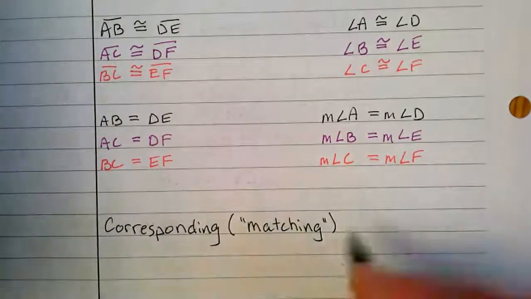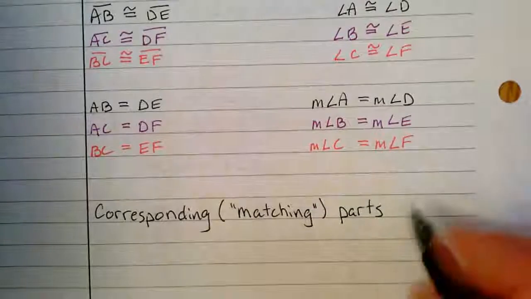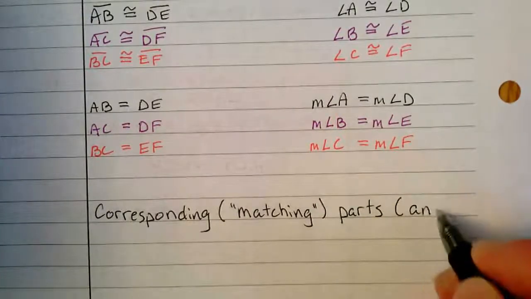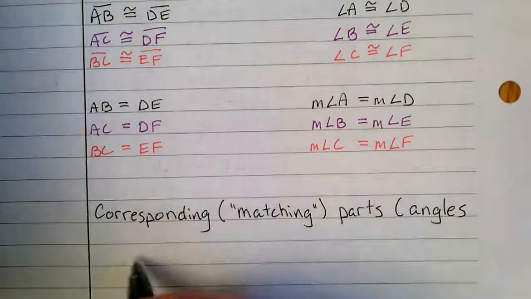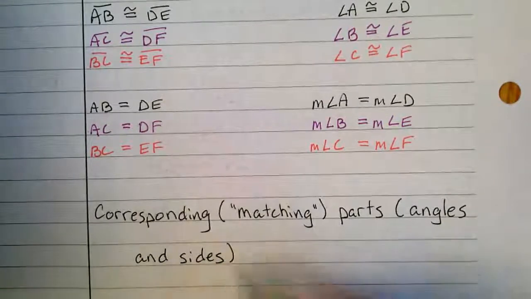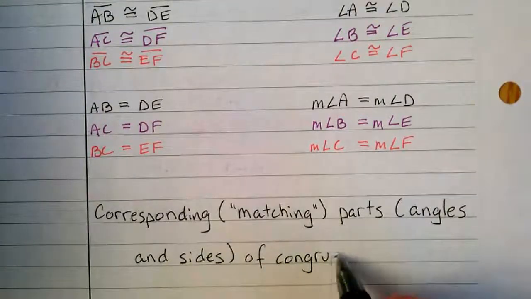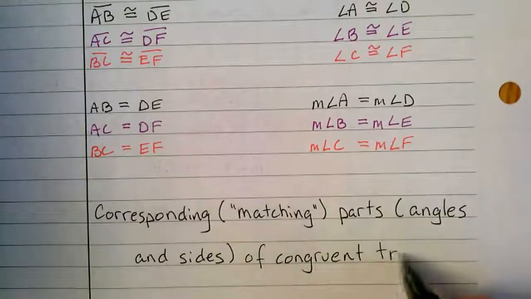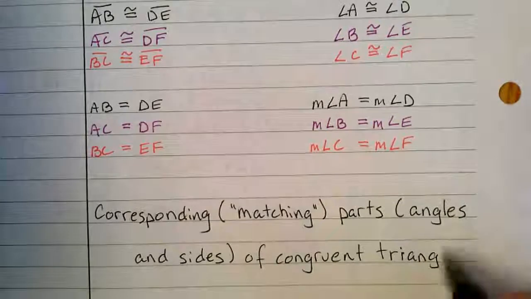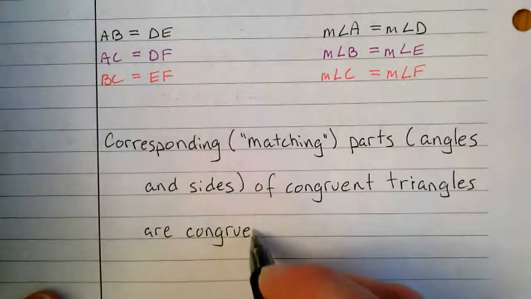Corresponding parts, and by that we mean angles and sides of congruent triangles are congruent.